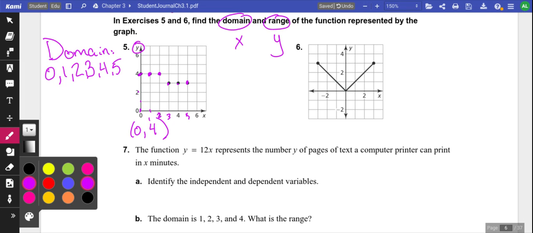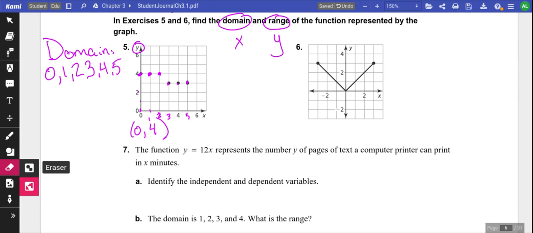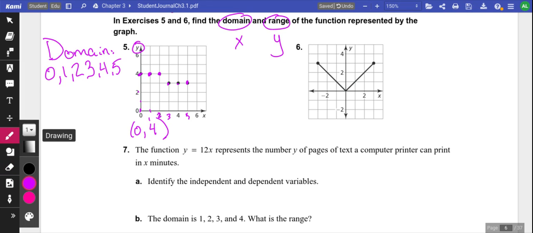So if it had just asked me about the domain, I'd be done, but it wants the domain and the range. So domain are all of my x values, and then range are all of my y values. So up here, 1, 2, 3, 4 is my y value.